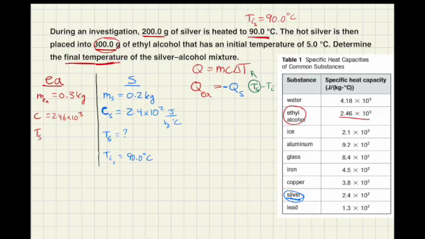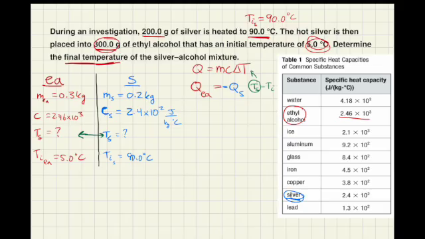Our TF, we don't know. That's what we're trying to find. And our TI of the ethyl alcohol can be found right here, and it is 5.0 degrees Celsius. And just like I said, the final temperature of the silver is going to equal the final temperature of the ethyl alcohol.